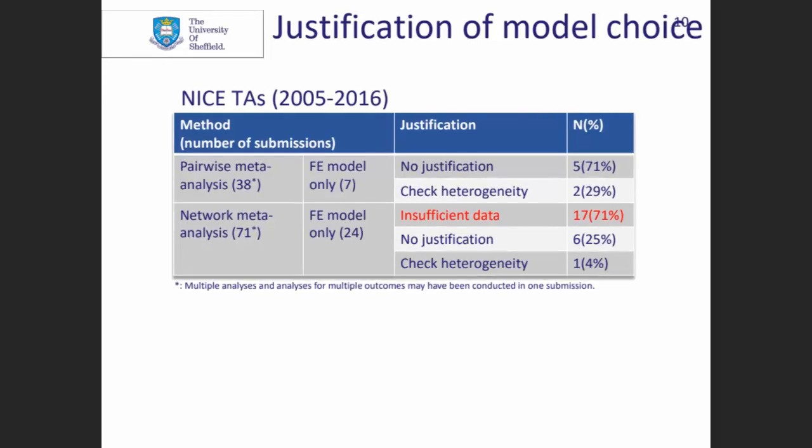So when performing pairwise meta-analysis, most submissions during that period actually didn't provide any justifications of why they use a fixed effect model. And when performing network meta-analysis, the most frequently used justification for a fixed effect model was insufficient data. So in other words, too few studies or the network is sparse.